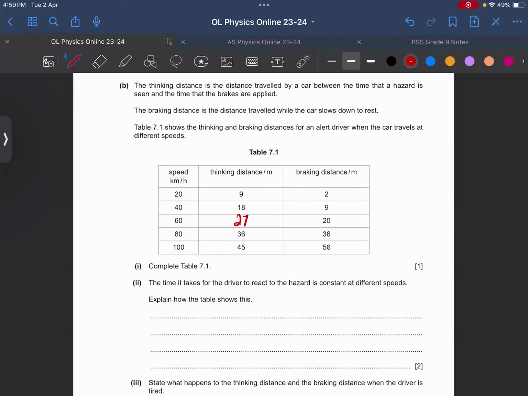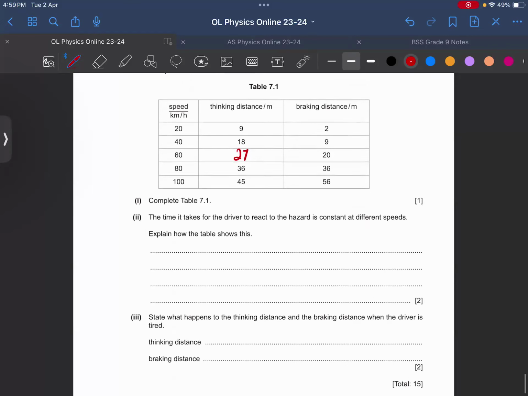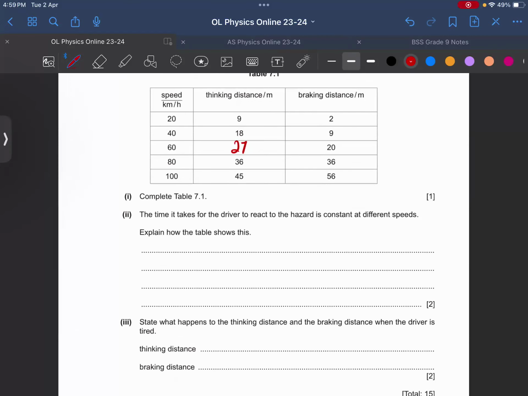Time it takes for the driver to react to the hazard is constant at different speeds. Explain how the table shows this. So ये time वो बता रहा है for the driver to react is constant. Reaction time से corresponding distance कौन सा होता है?